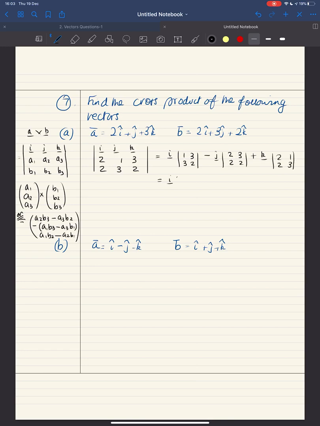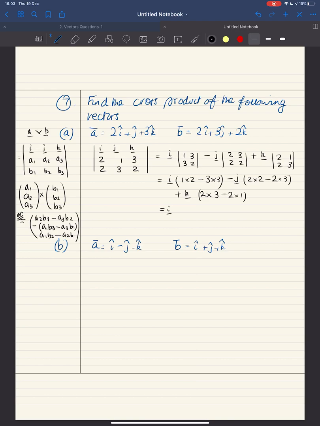So this is going to be i, 1 times 2 minus 3 times 3, minus j, 2 times 2 minus 2 times 3, plus k, 2 times 3 minus 2 times 1. So I'll just explain where those numbers came from. This here with the i's is 1 times 2 minus 3 times 3. Then it's minus j, 2 times 2 minus 2 times 3. And then plus k, 2 times 3 minus 2 times 1.